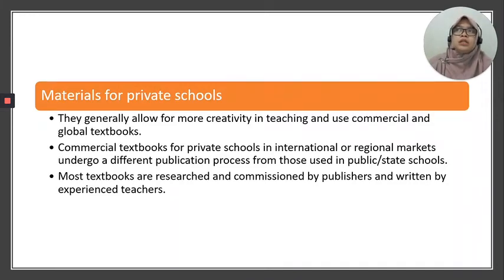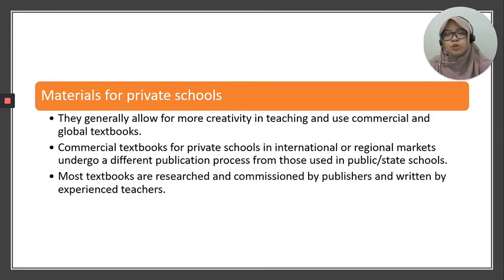When I asked him what kind of curriculum his school has, he answered like this: we use both the books from the ministry and also the books from Cambridge. So his school used the Cambridge books for teaching.